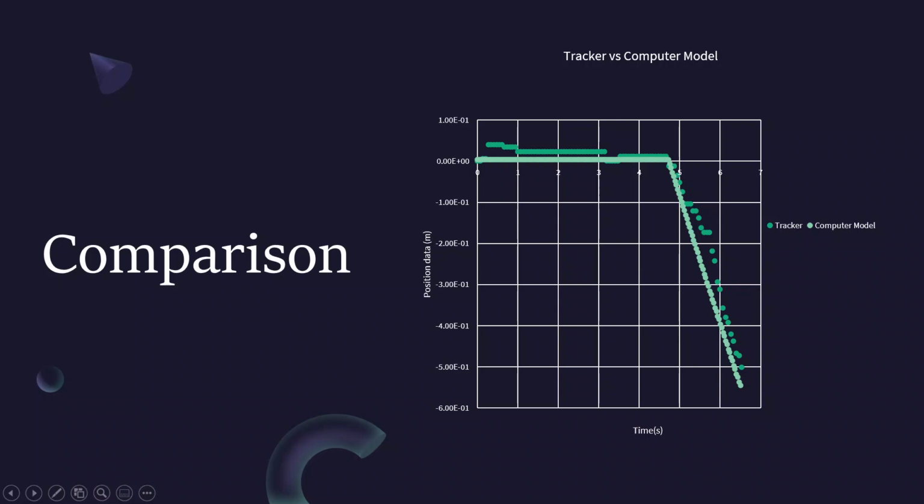And basically the tracker is supposed to also have a horizontal line up till 4.7 seconds roughly, but because my hand's a little bit shaky, I couldn't keep it on the same spot, but it was basically just motionless up till 4.7, and after it the slinky begins to fall down, the bottom part, and this is reflected in both the tracker and the computer model, as you can see.